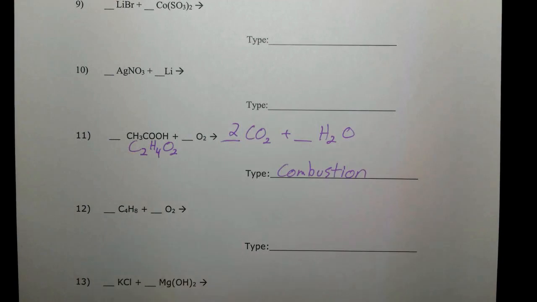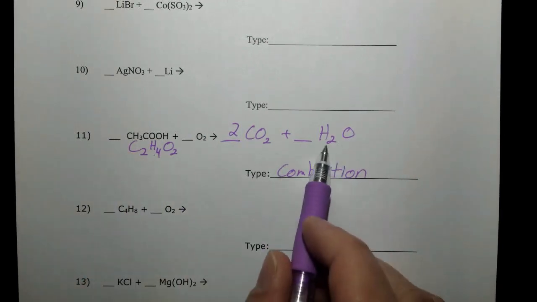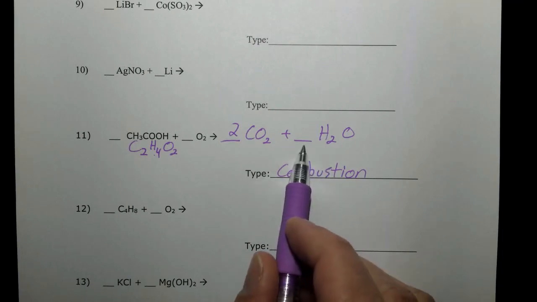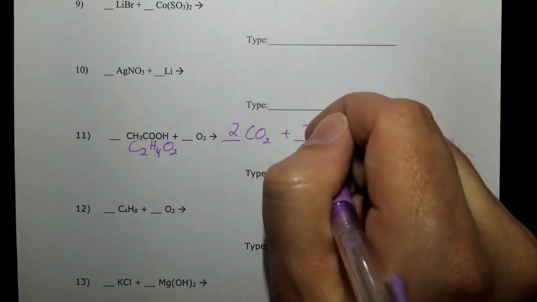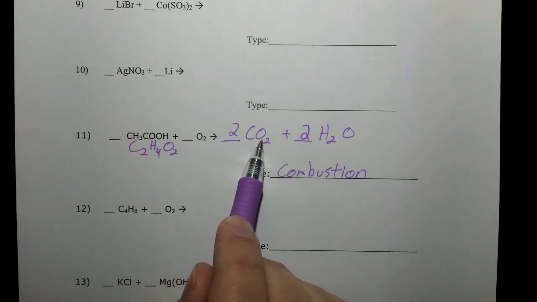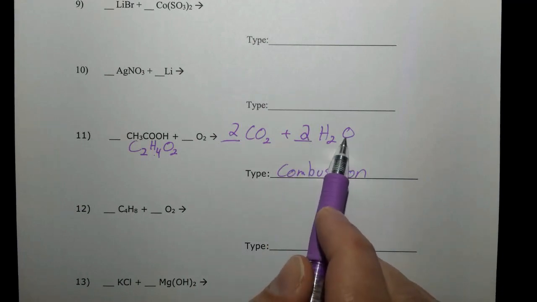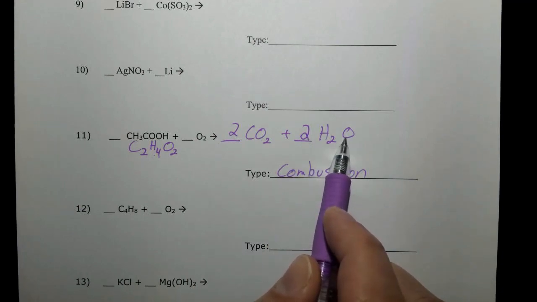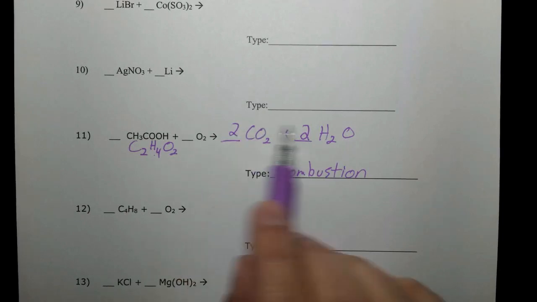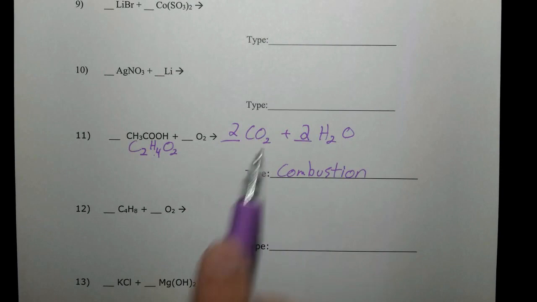Put a 2 here. How many hydrogens? 4. How many hydrogens? What's got to be here? Put a 2 here to fix the hydrogens. And now let's look at the oxygens. 2 times 2 is 4. 2 times 1 is 2. So we've got 4 plus 2, a total of 6 oxygens on the product side.